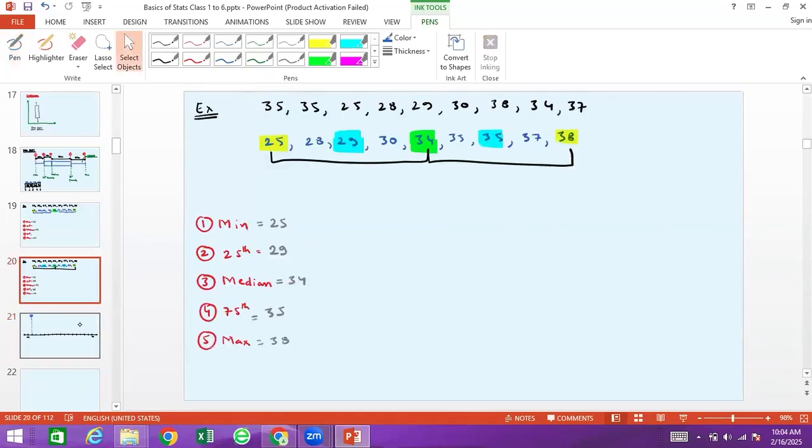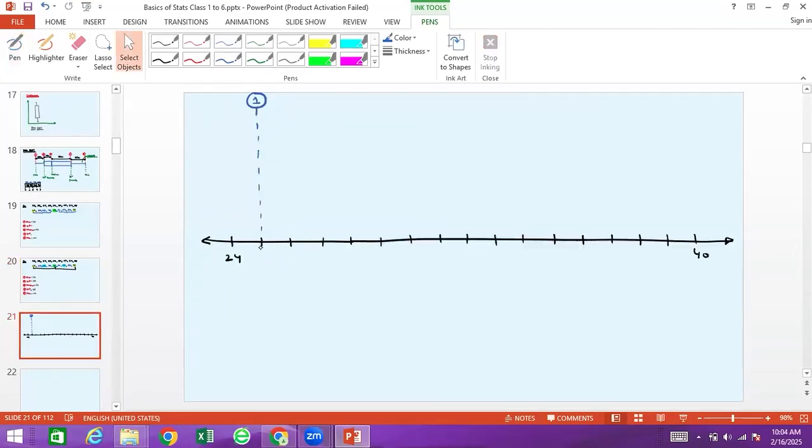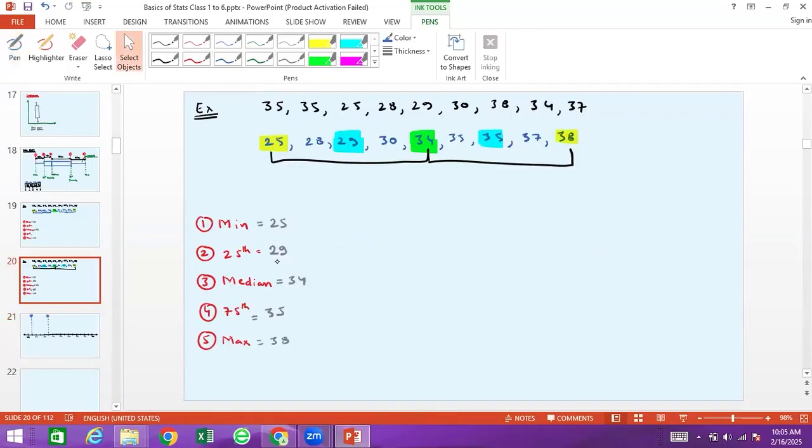The second point is 29. I can mark this as well: 24, 26, 28, 30, 32, 34, 36, 38, and 40.